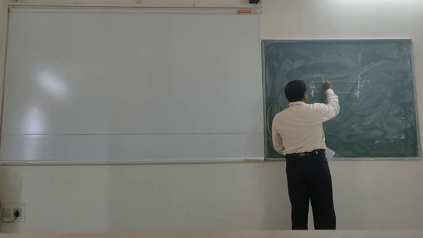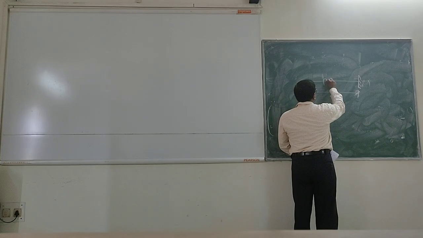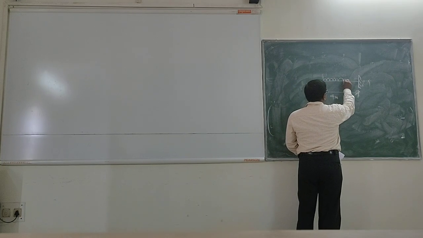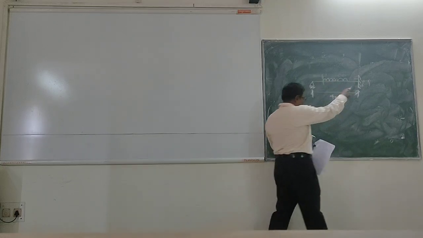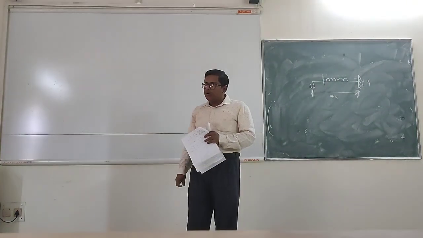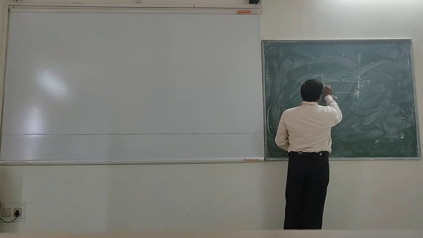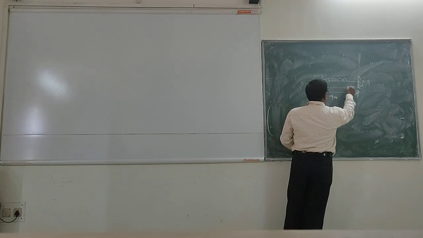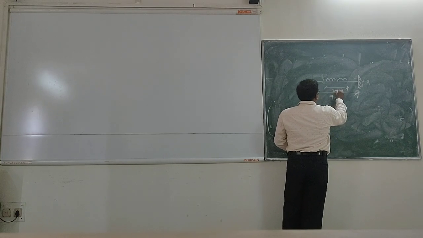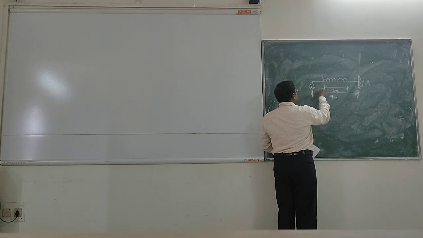After 1 meter distance, a uniformly distributed load starts, and it is of length 2 meter. So the length of the uniformly distributed load is 2 meter. How much will be this length from here to here?